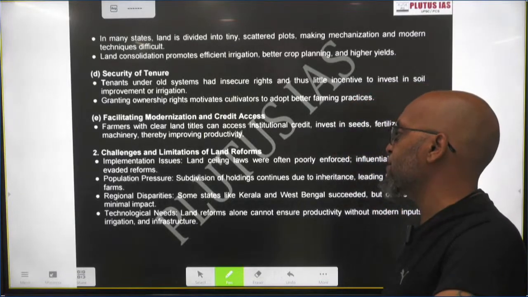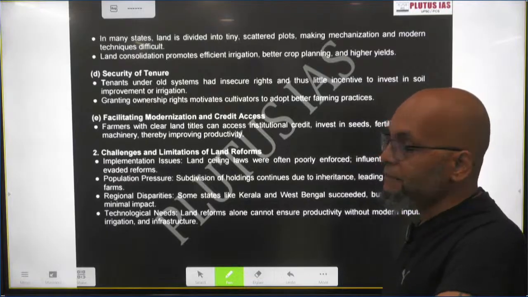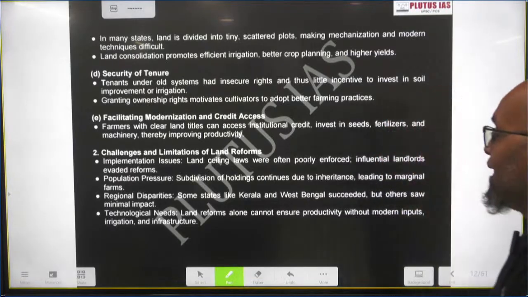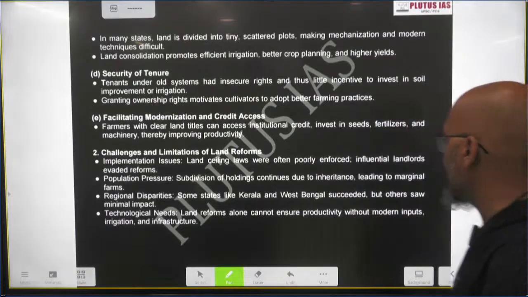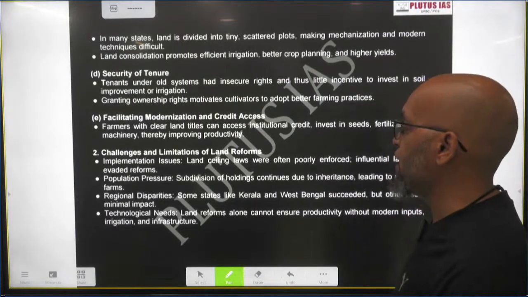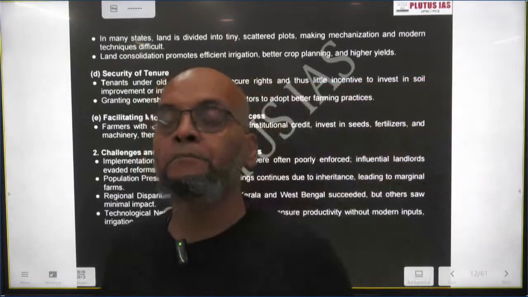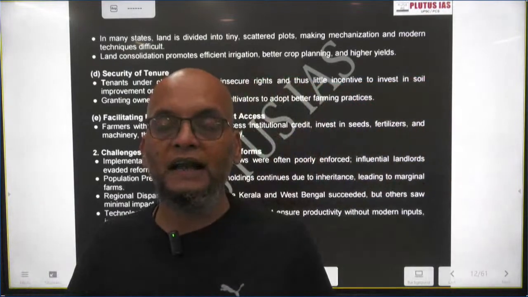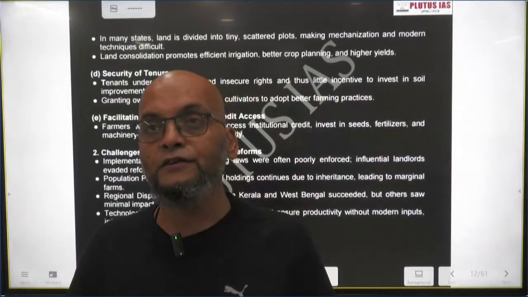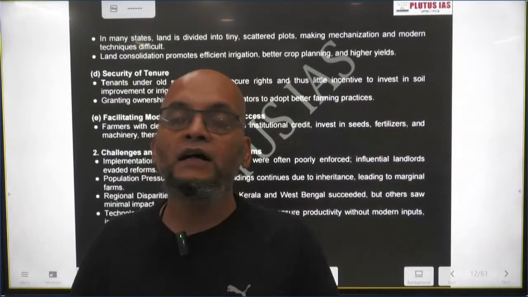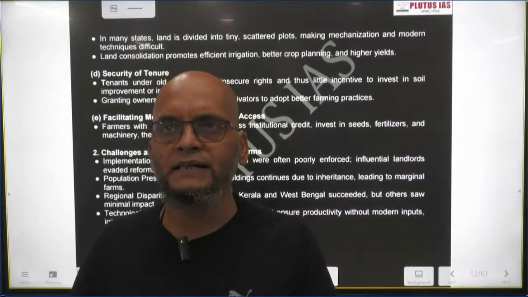Challenges and limitations of land reforms: implementation issues. Land ceiling laws were often poorly enforced. Influential landlords evaded reform. Yes, this happened in India. The plan was very good, the land reforms were very good, but when you come to implementation, it was very poorly implemented in India.